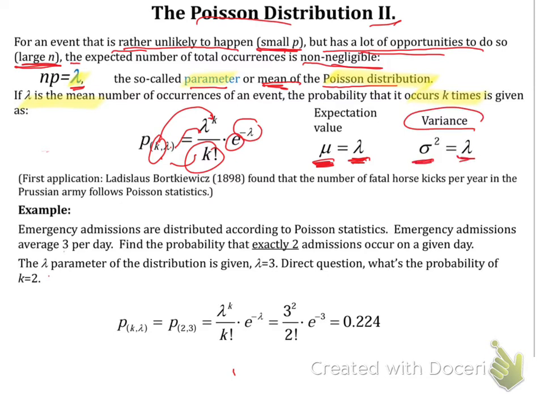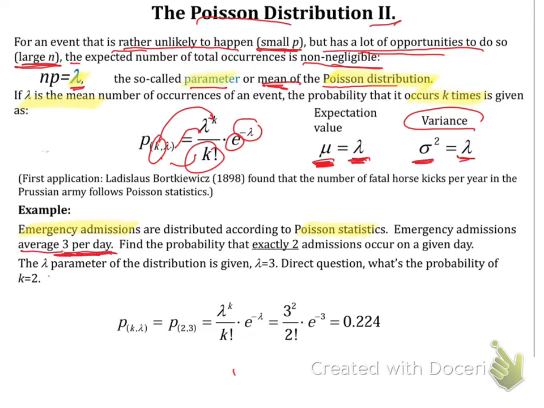So let us look at this example, emergency admissions at the hospital. The number of people admitted to the emergency section of the hospital is distributed according to Poisson statistics. The mean or the average per day is 3. So I have 3 cases per day.